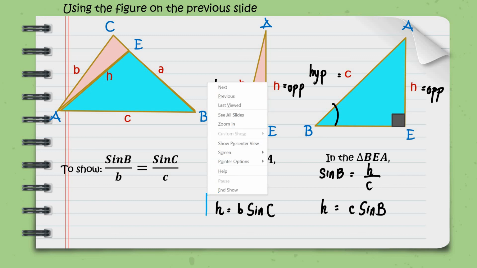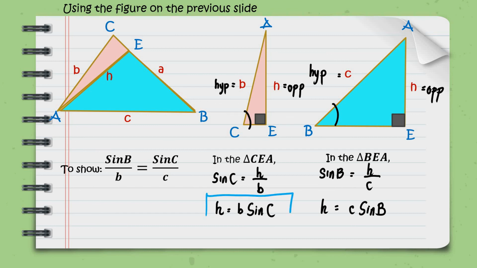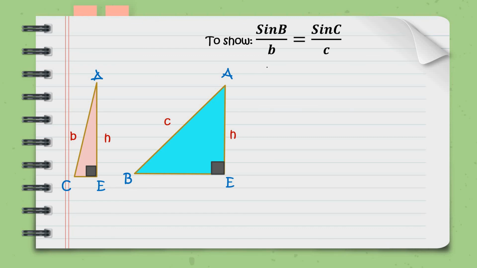Observe that h here is equal to b sine of angle C and h here is equal to c sine of angle B. Therefore, these two are equal. Using the previous information, we have here b sine of angle C is equal to c sine of angle B. And to show that sine of angle B over b is equal to sine of angle C over c, we need to multiply both sides by 1 over bc.